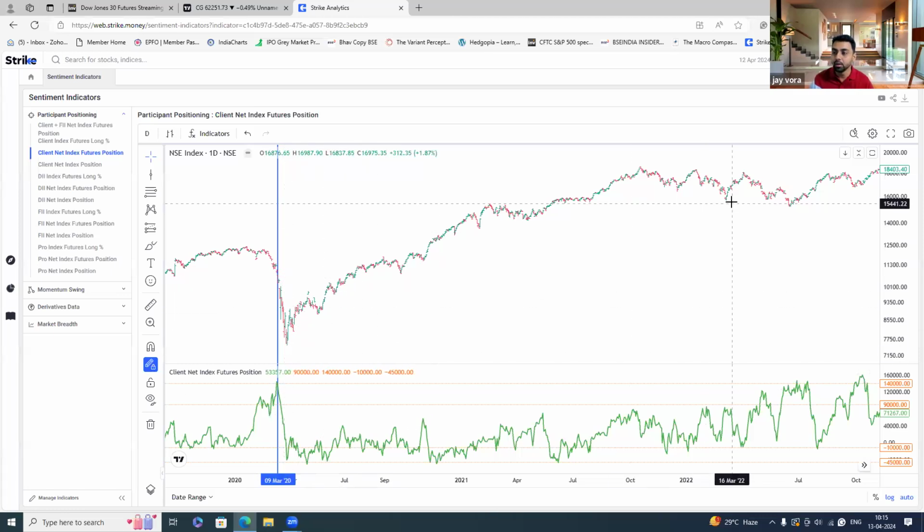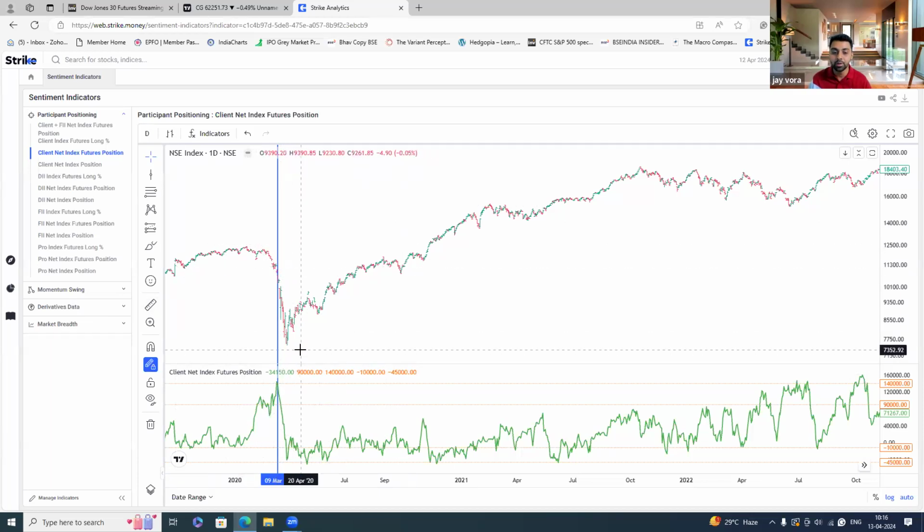But yes, COVID was kind of an exception where this did not work particularly well, because the momentum was very strong on the downside, and people were actually cutting their positions at that point of time. When we look at the derivative data, I'll come to this part, that's where open interest had become very low.